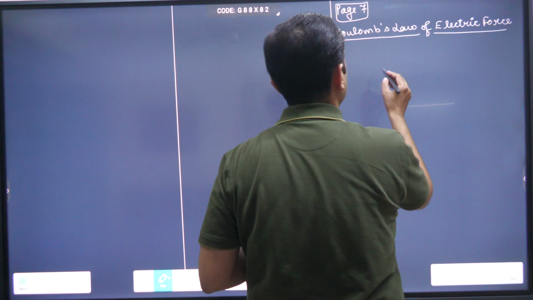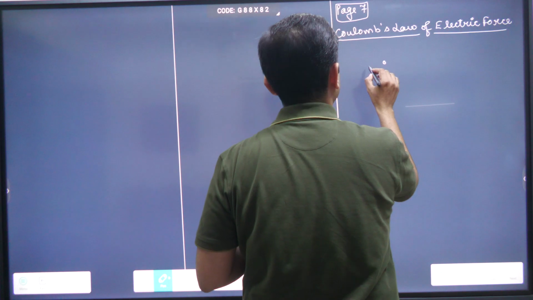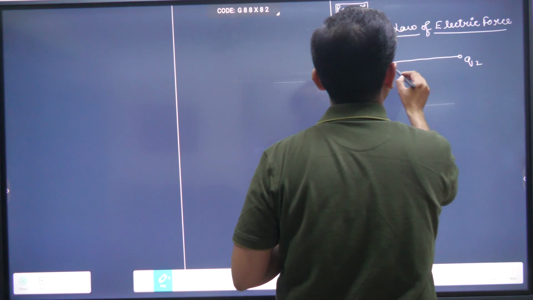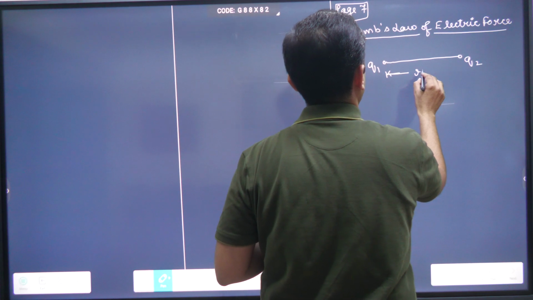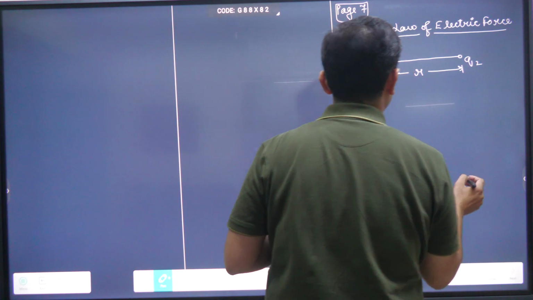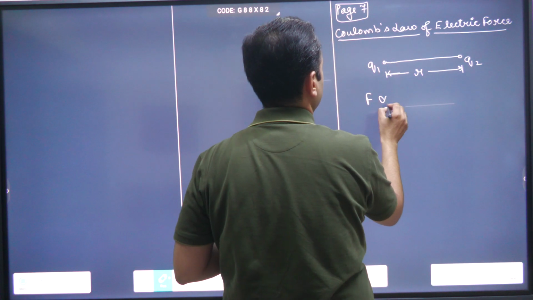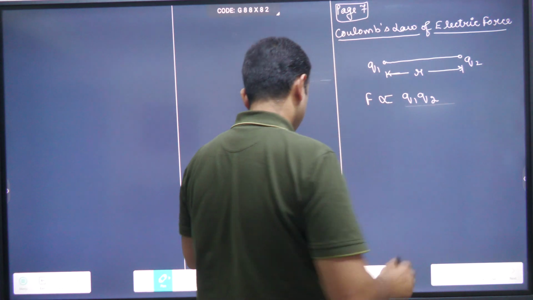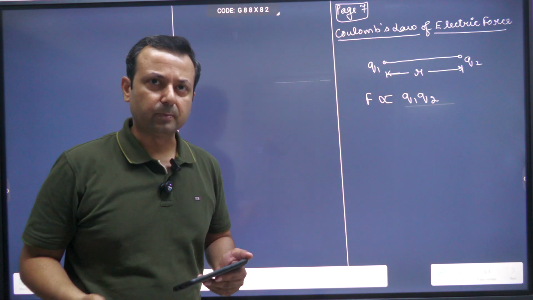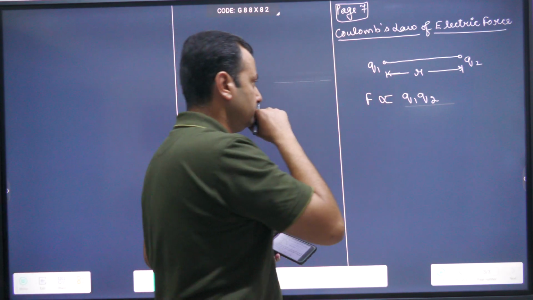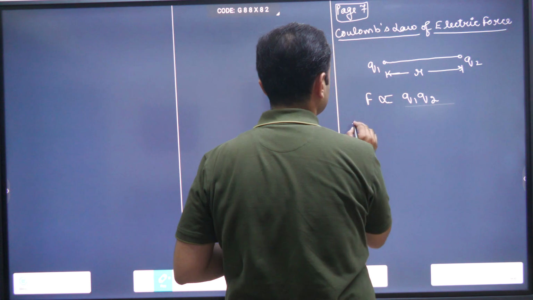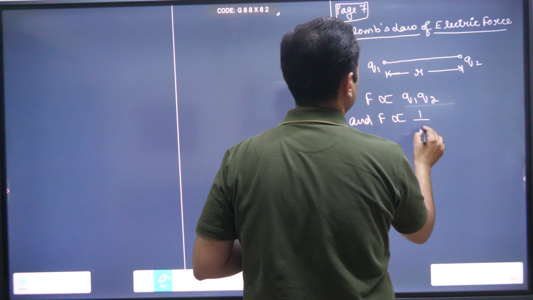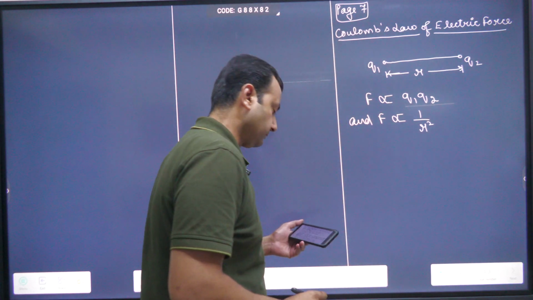So what Coulomb's law states is that if there is a charge q1 here and a charge q2 here, and the distance between these two charges is r, then Coulomb found out that F is directly proportional to the product of the two charges, and F is inversely proportional to the square of the distance between them.